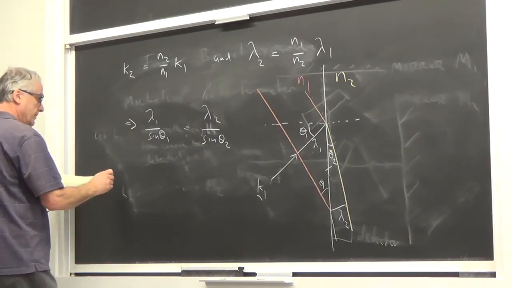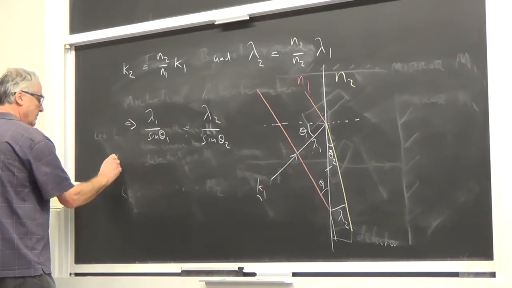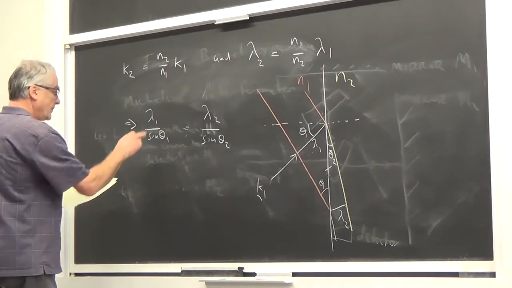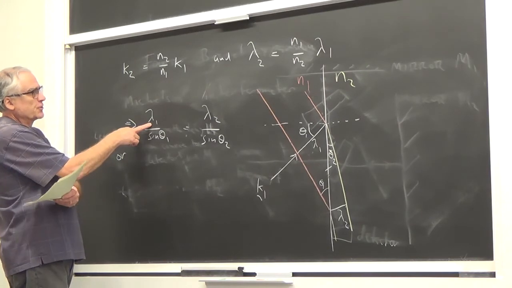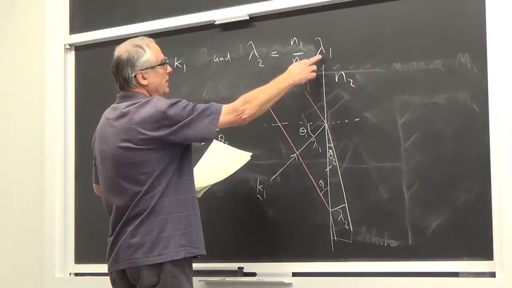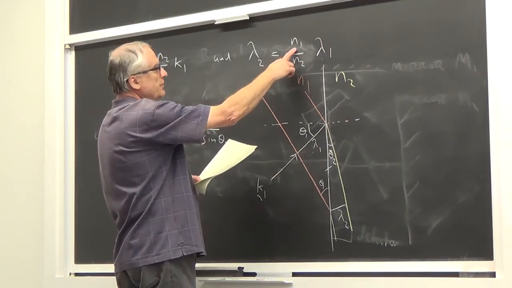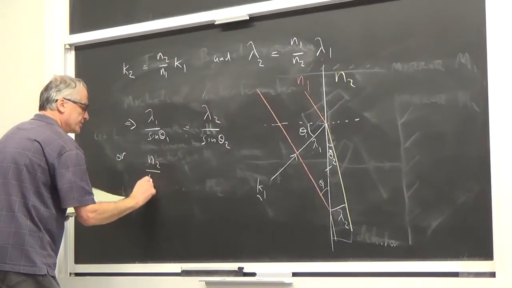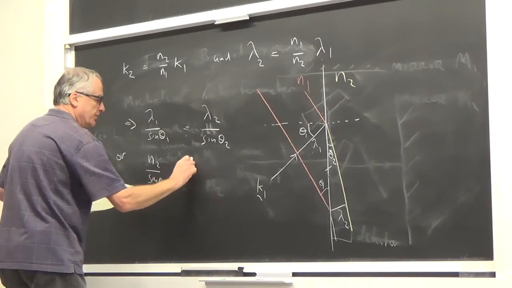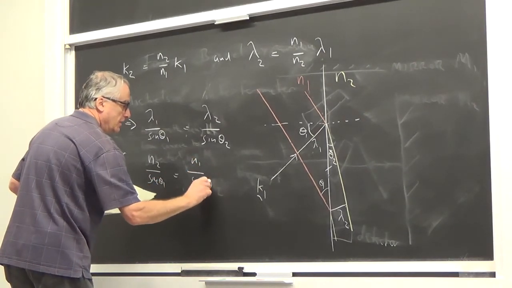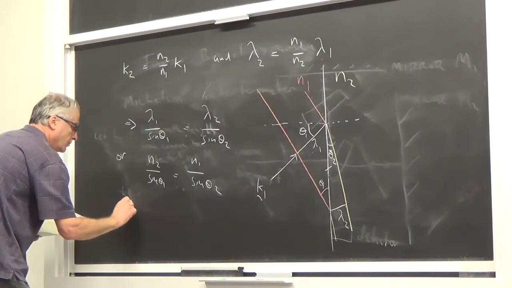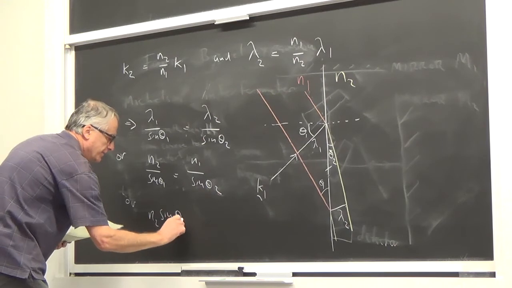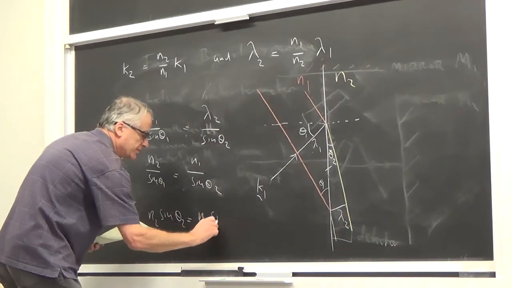And so we get, in terms of the index of refraction, lambda 1 goes like 1 over n1, lambda 2 goes like 1 over n2, so we get n2 over sine theta 1 is equal to n1 over sine theta 2, or we can write this as n2 sine theta 2 is equal to n1 times sine theta 1.